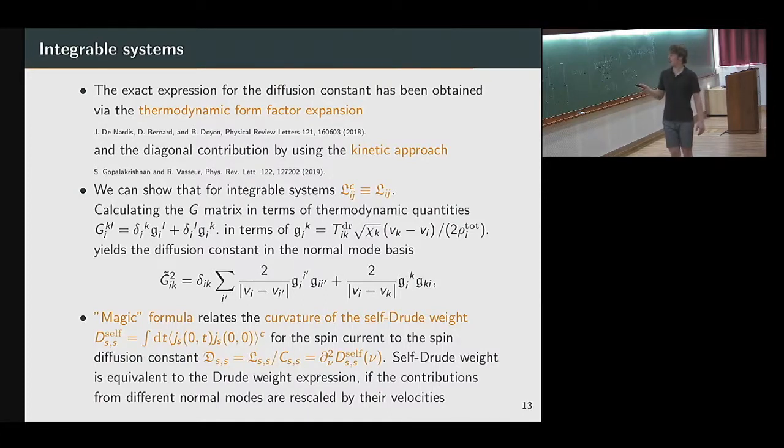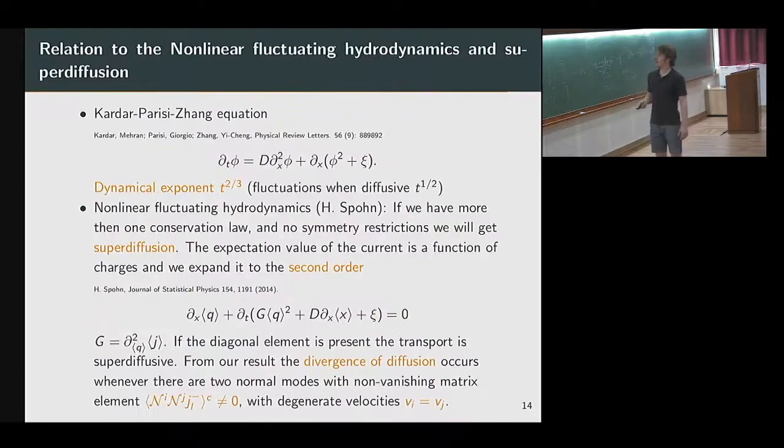Okay, our result, this convective contribution, we can show that it is actually equivalent to the exact Onsager matrix in classical and quantum integrable systems. So it gives a complete contribution to diffusion in integrable systems. It also relates to nonlinear fluctuating hydrodynamics and basically KPZ physics.